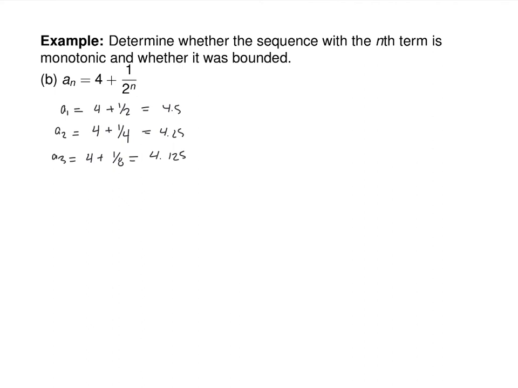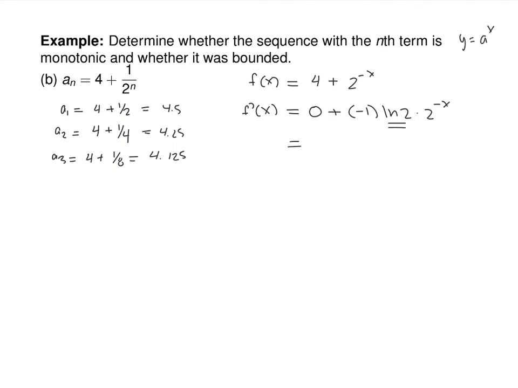You could prove it by using the derivative. So if you let f of x equal 4 plus 2 to the negative x power, the derivative of that function is 0 plus negative 1 times natural log 2 times 2 to the negative x. This ln of 2 comes from the derivative of the function a to the x.